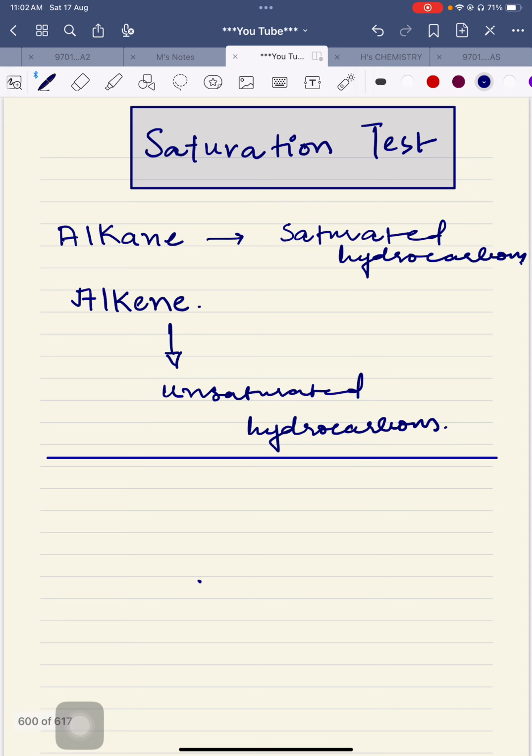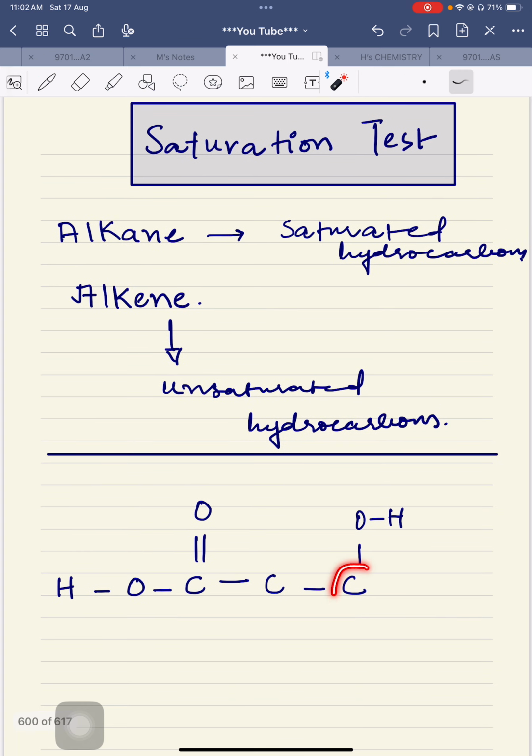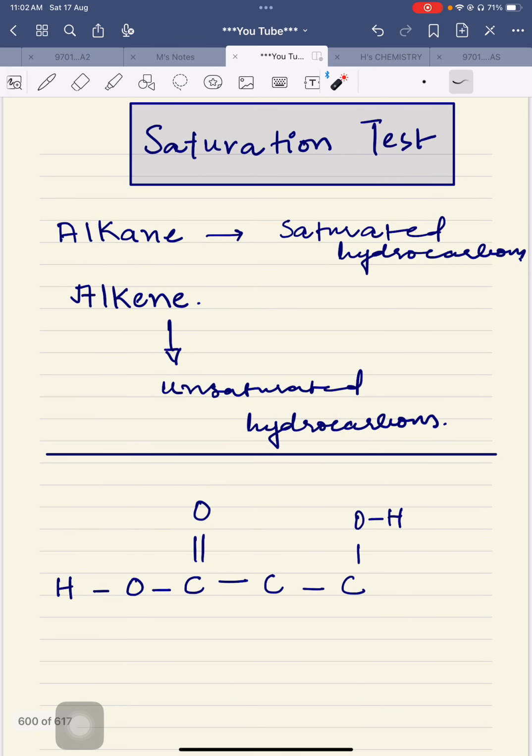For example, there is one compound drawn like this, and there is one OH over there as well. I am not writing the hydrogens. For example, this carbon has made how many bonds already? Two bonds, so it is going to make two more bonds.